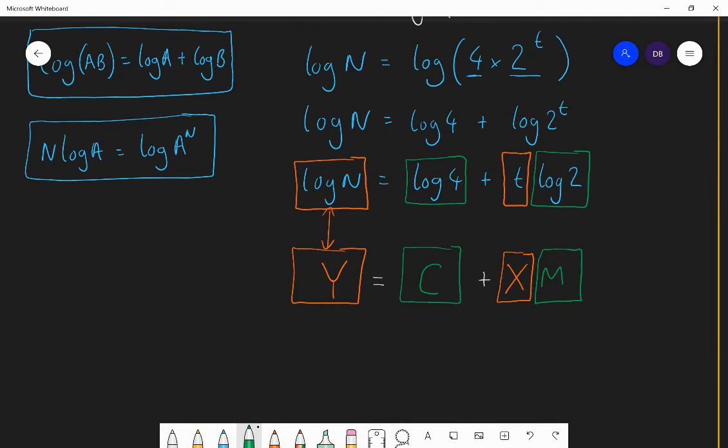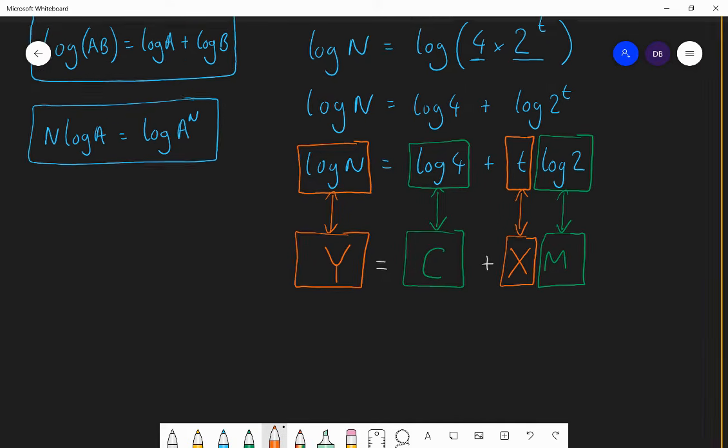Your y-intercept is now log 4 because these two match up and c is the y-intercept. Your gradient is now log 2 because that matches up with the m. And your x-axis is now t. It's the t-axis because that matches up.